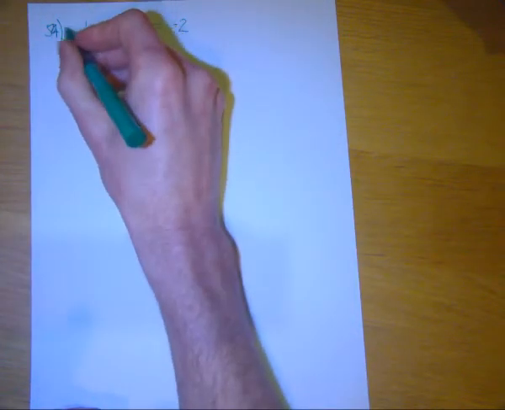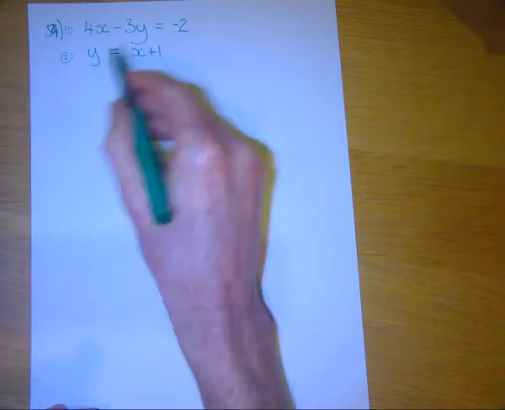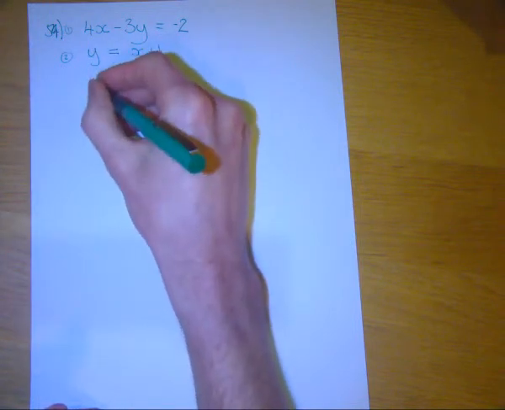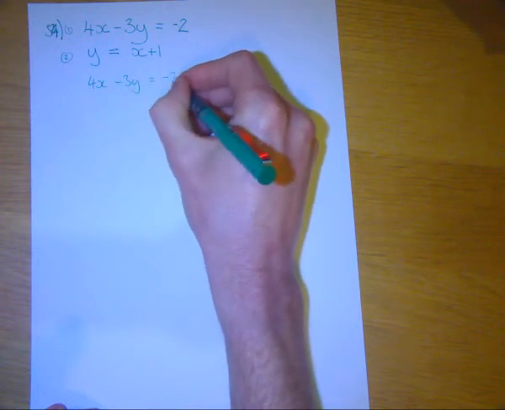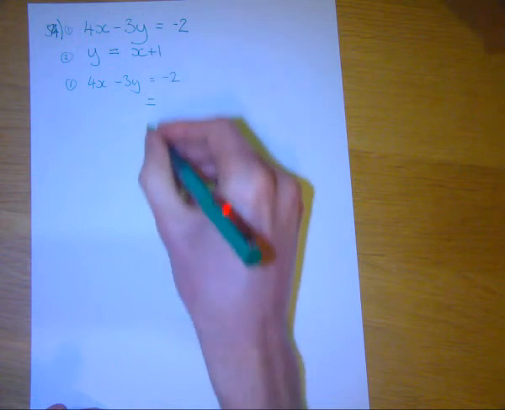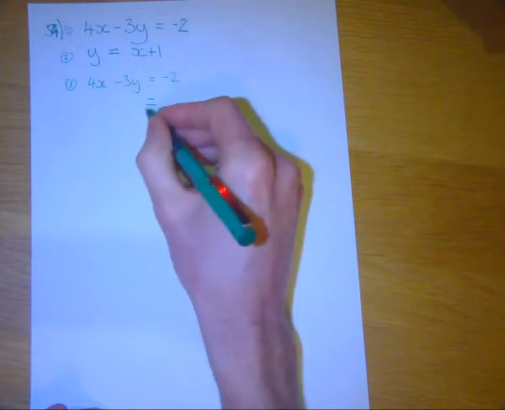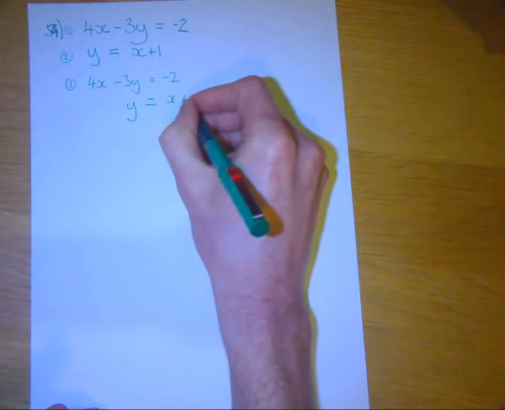So, equation 1, equation 2. The y is already on this side of the equal sign. The first thing I'm going to do to make it a little easier is recopy equation 1 and then rewrite it with the equal sign lined up. Here they weren't lined up. Here I'm going to line them up. So I've got my y there, x plus 1.